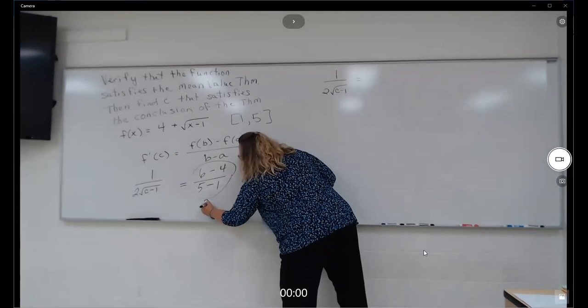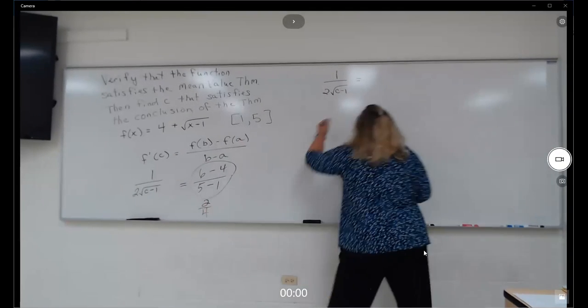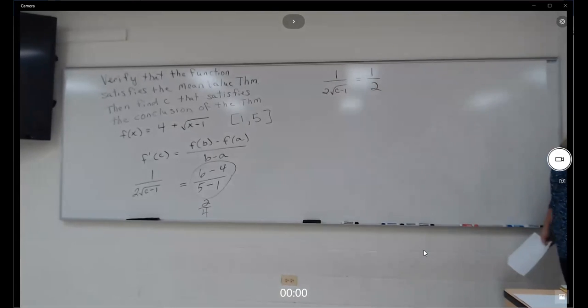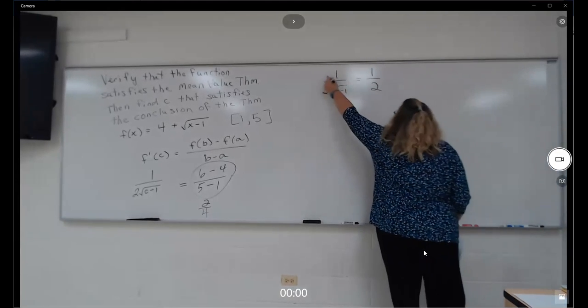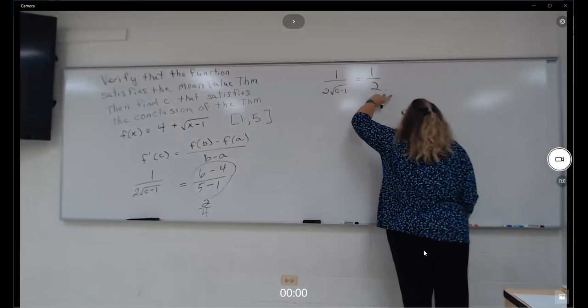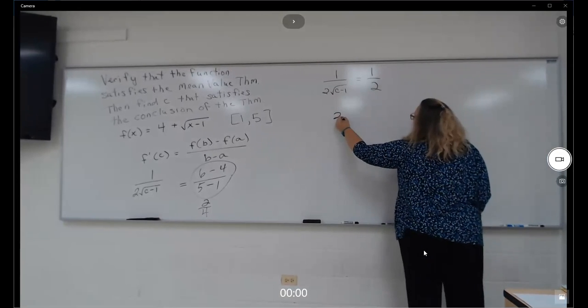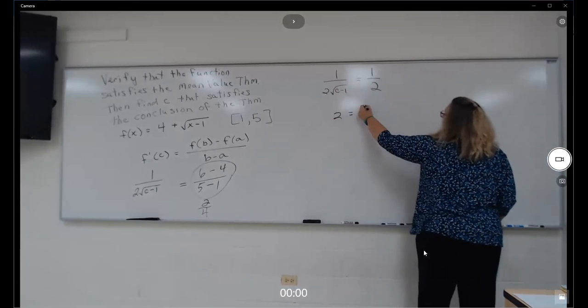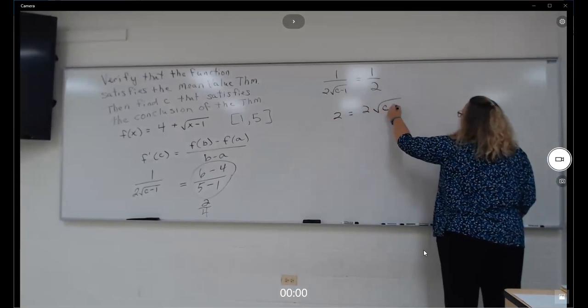It's 2/4. So I might as well change it to 1/2. Then there's a lot of different ways to solve this. I would probably just cross multiply. Because they're both 2's, there's some other things we could do, but I think the easiest is to cross multiply. 2 times 1 is 2, and it equals this times 1, so just 2 square root of c minus 1.